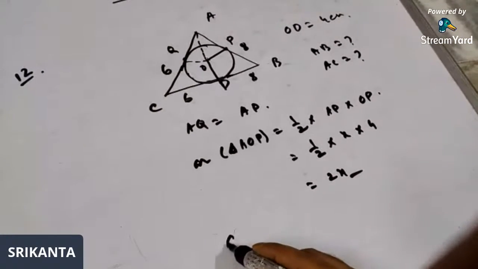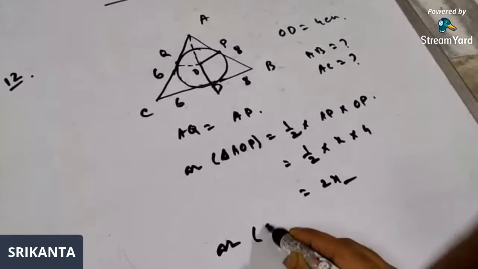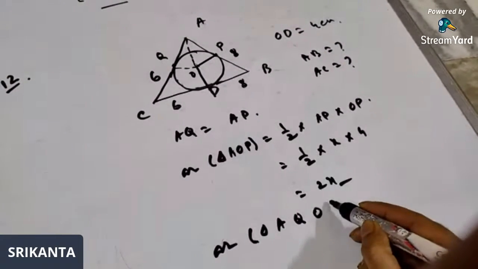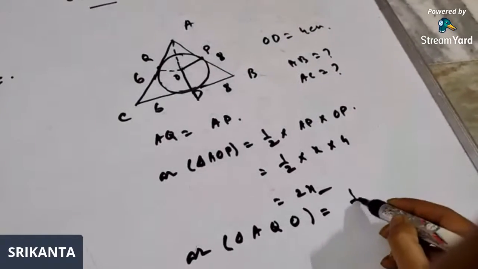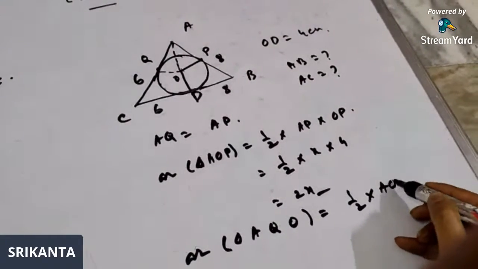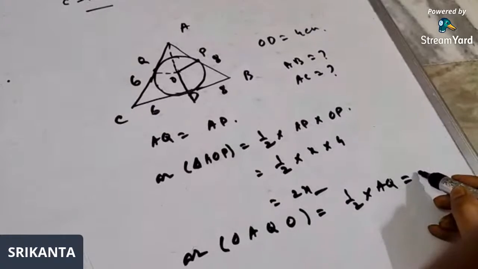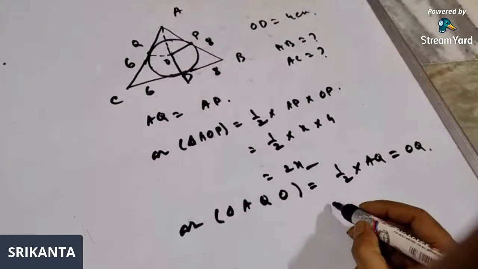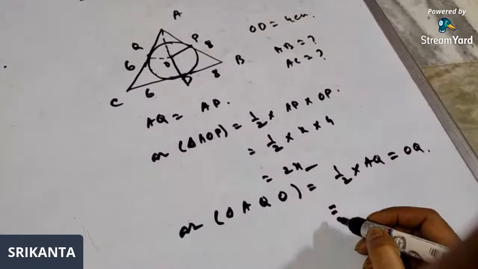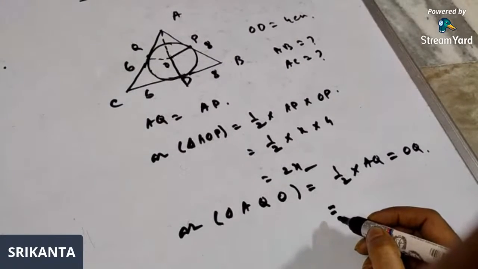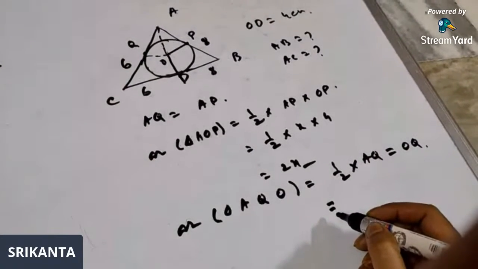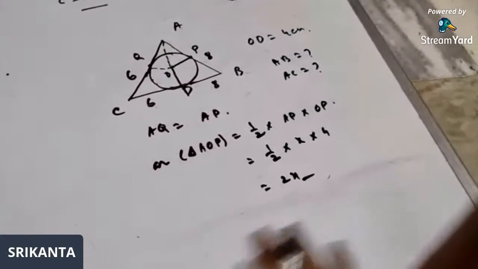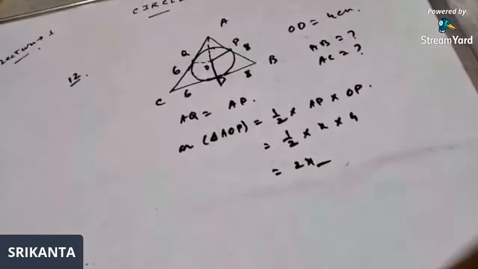And area of triangle AQO will be half into AQ into OQ. OQ is also same. So no need for that.